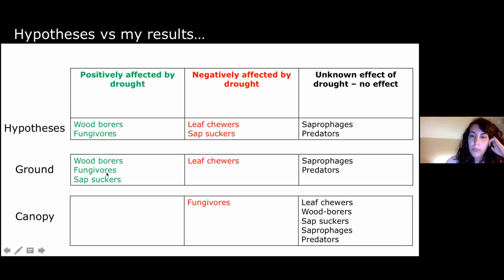I thought there would be fewer sapsuckers under drought, because with tougher leaves and leaf loss, you would tend to have a lot fewer leaf chewers and sapsuckers, but sapsuckers seem to be doing quite well with droughts. That was possibly because of an increase in plant defenses. And then at the canopy, as I said previously, most of the feeding guilds had no significant effect of drought on them.